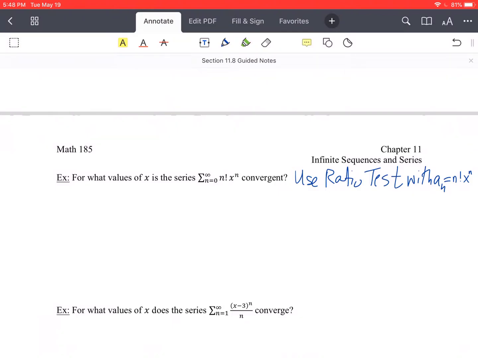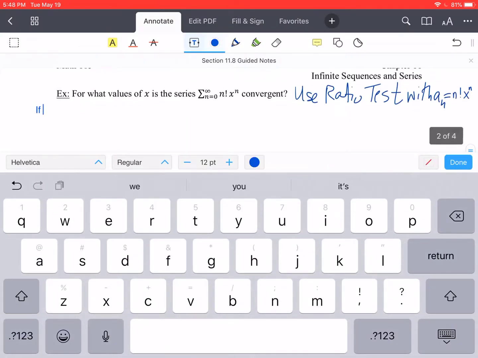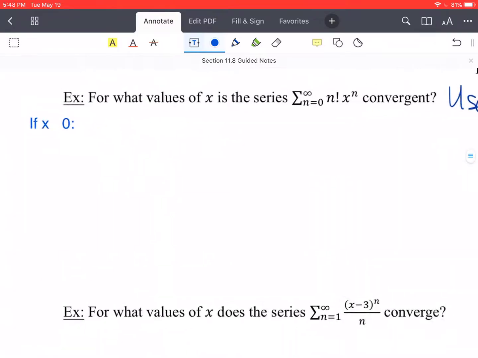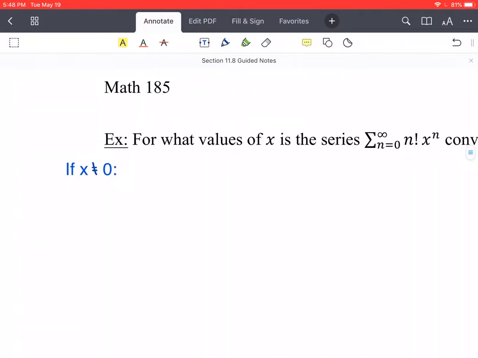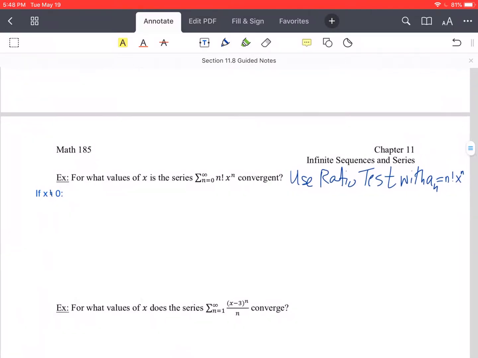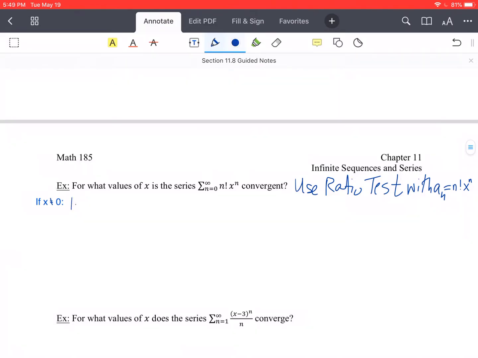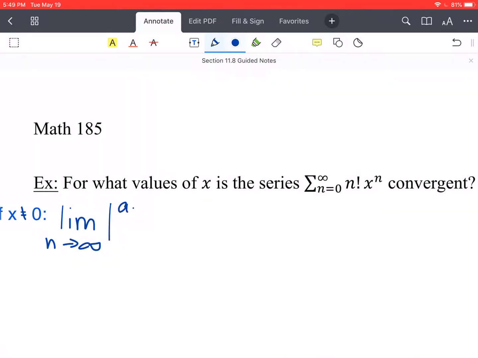First up, if x is not equal to 0, then we're going to have the limit as n approaches infinity of a sub n plus 1 over a sub n.